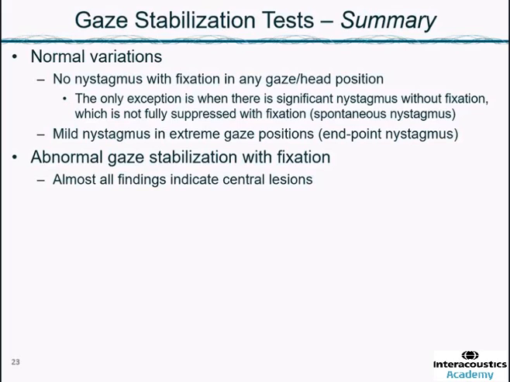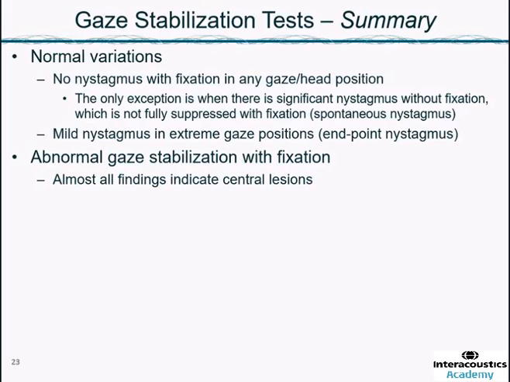If you have strong spontaneous nystagmus or significant nystagmus without fixation, sometimes that leaks through and you see a partially suppressed version of that, especially in the gaze toward the fast phases. That's spontaneous nystagmus with the Alexander's law component. With that exception, everything else should be considered a central abnormality.